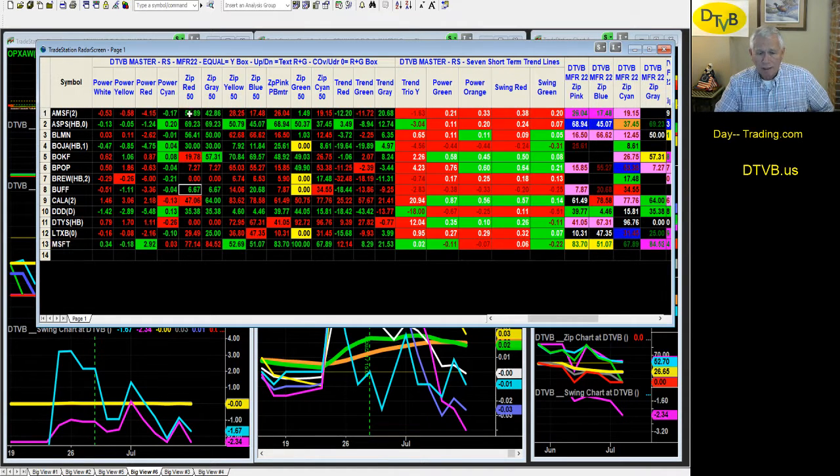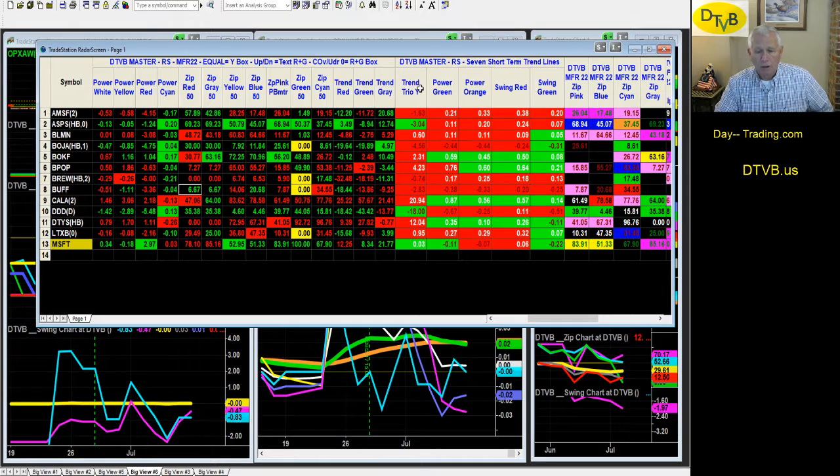This top one, number 1, has 5 red boxes, meaning that all 5 of the short-term trend lines are going down. And I should clarify that, because I've identified in the trend trio, you can obviously only track one line. So I'm tracking the yellow line, which always stays closest to the 0.